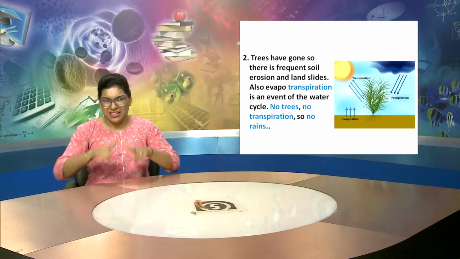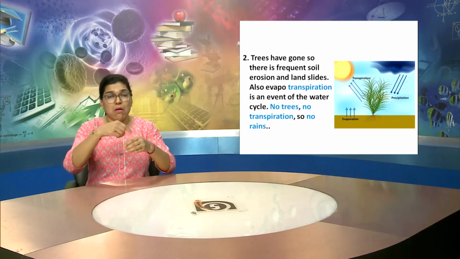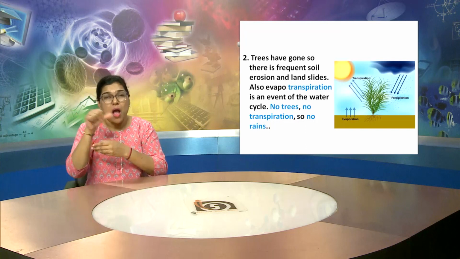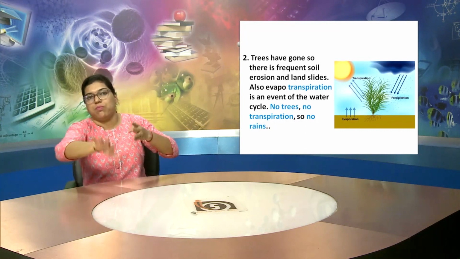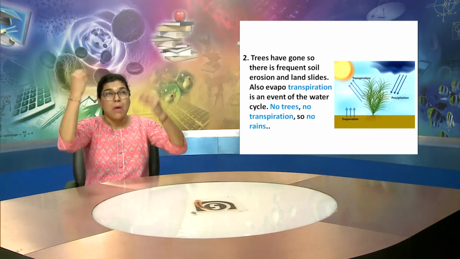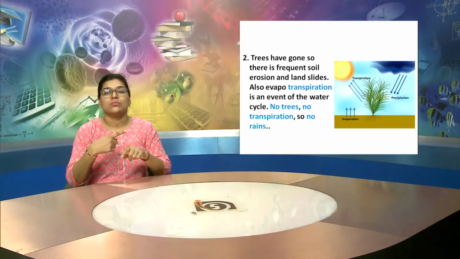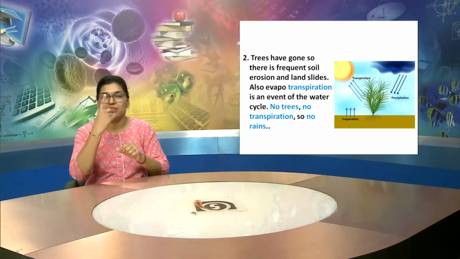Now, this is the second point. Trees have gone, so when we cut all the trees, then there will be no more trees. So after trees are gone, there will be soil erosion and also landslides.